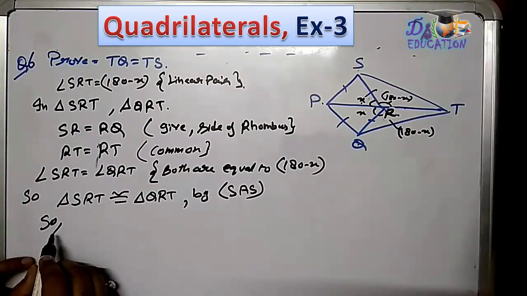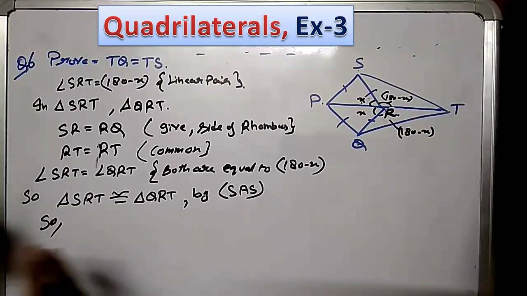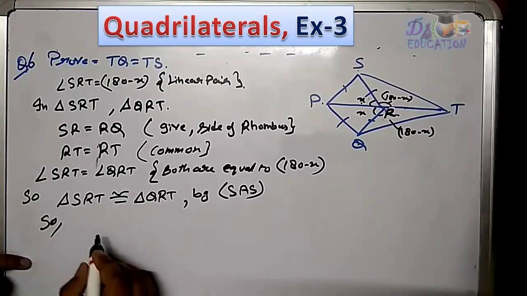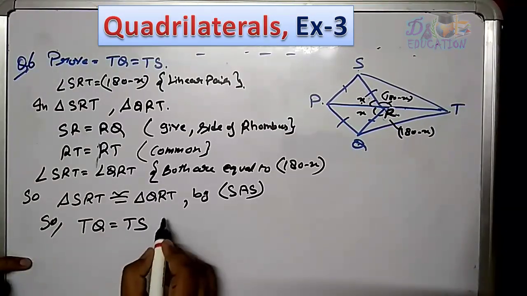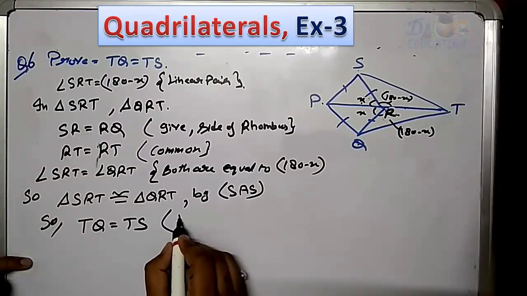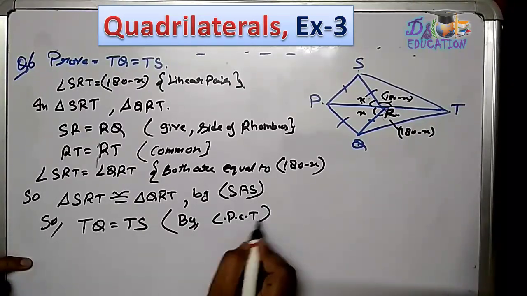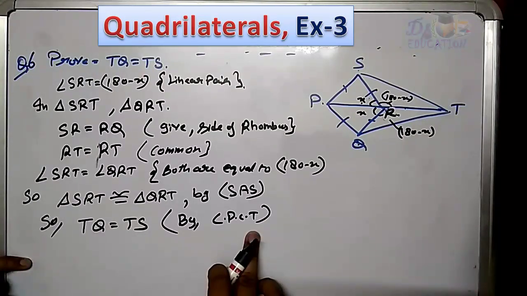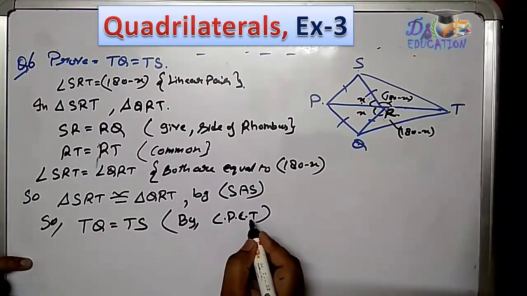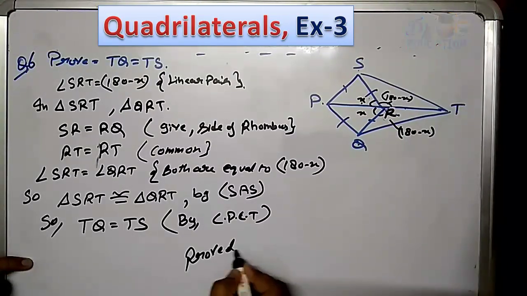The simple statement: if we are able to prove the triangles congruent, then the other sides are also equal to each other. So TQ is equal to TS. The property is by CPCT, which is known as congruent parts of congruent triangles. Hence proved.